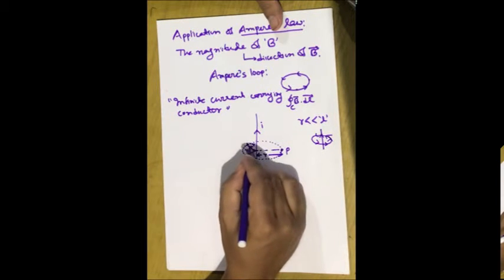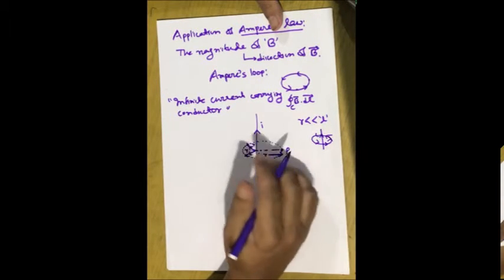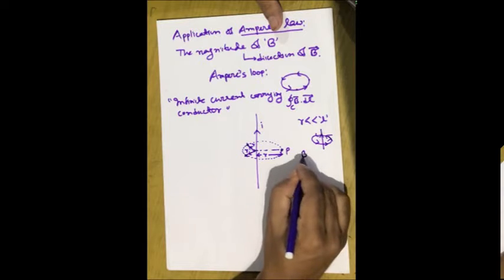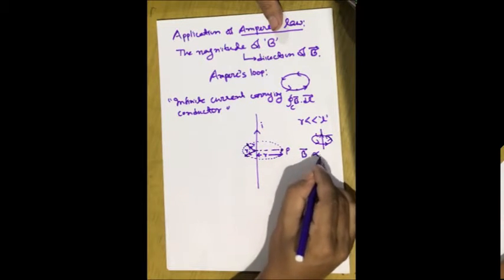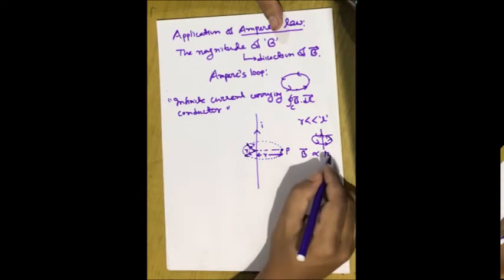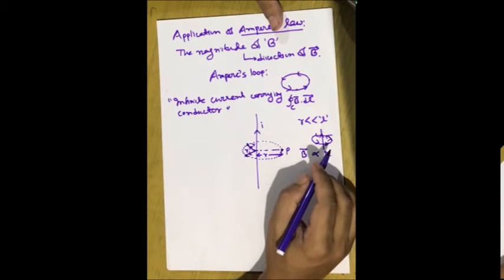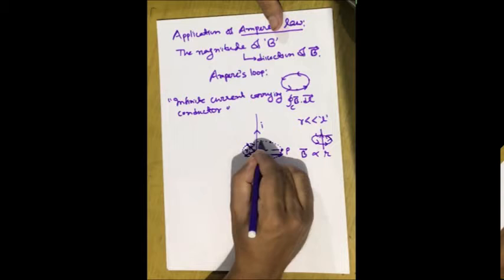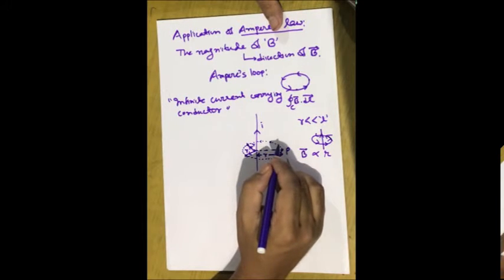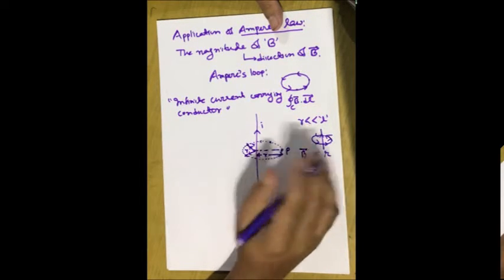If the distance is the same, then by symmetry we know that the magnetic field will also be equal, because magnetic field depends on the distance from the point where we want to determine it. So at any point on the loop, the magnetic field has equal magnitude, but its direction will be different.